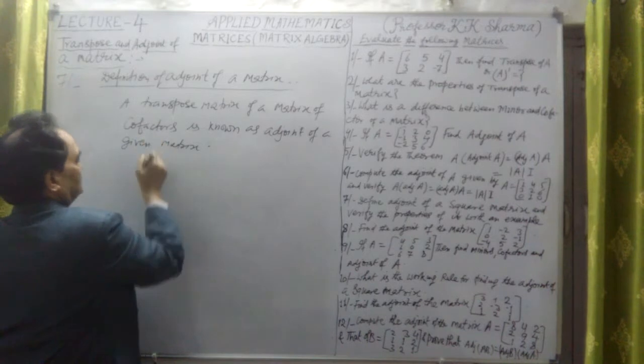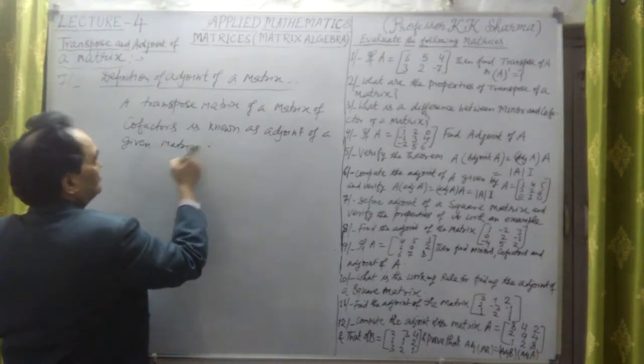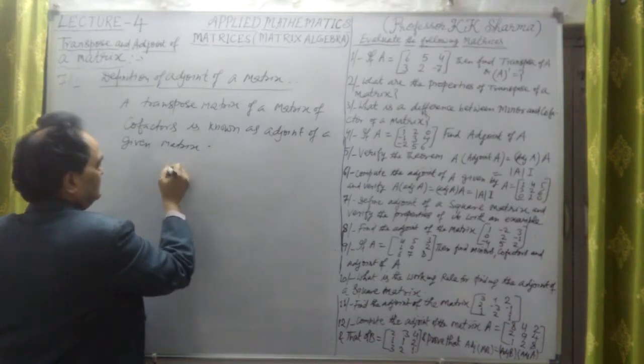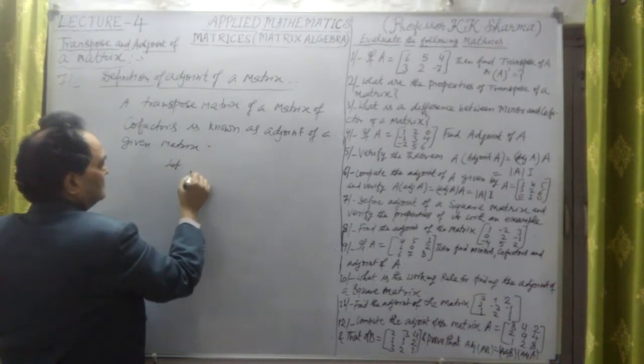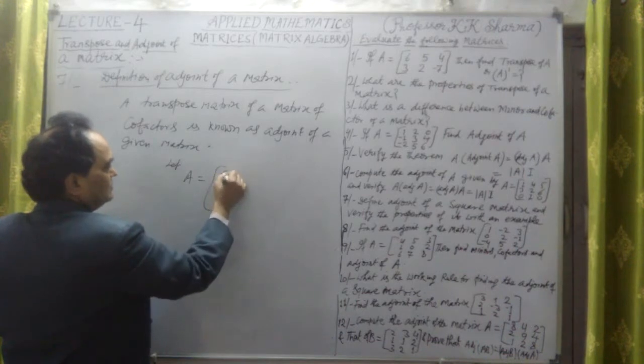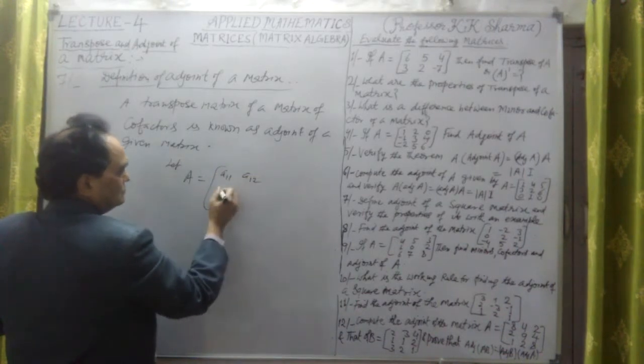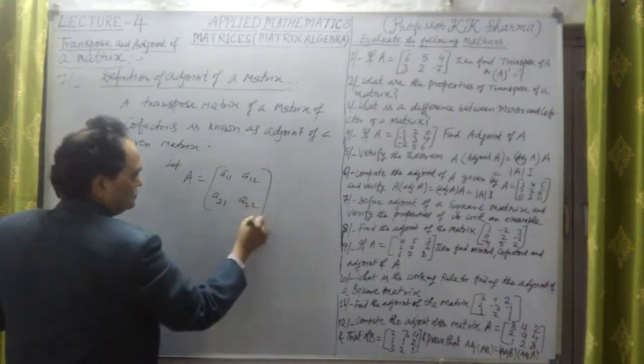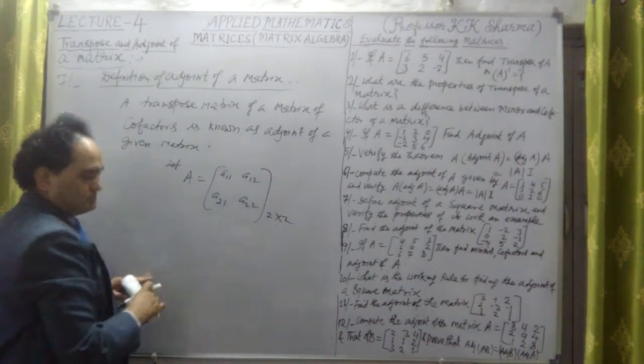And cofactor is, so what is a cofactor? As I have defined, let A be equal to A11, A12, A21, A22. Only 2 by 2. This is a square matrix here.